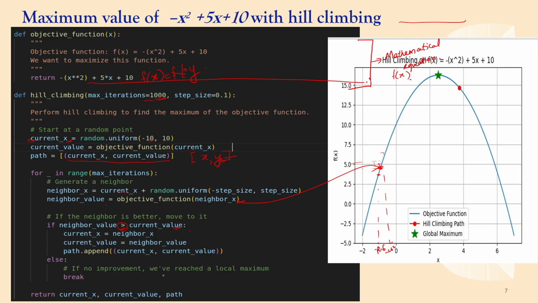It will happen at this point, where the neighbor value would be less than this point here. At this point it will stop and say, okay, we have got the local maximum at 16.25. So, this is an example that we are doing with the hill climbing algorithm.